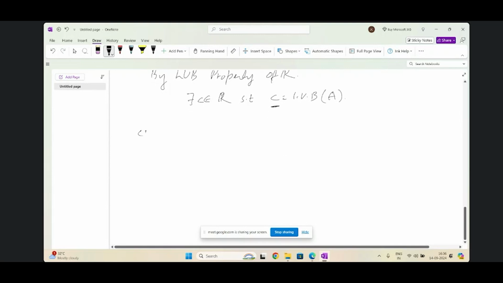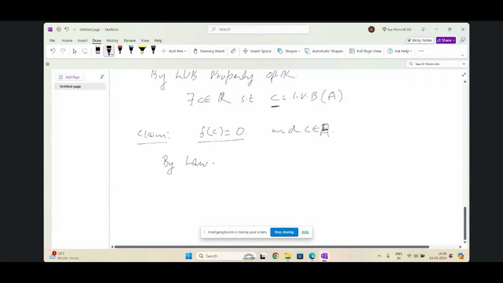Now I want to claim that f of C equal to 0 and C belongs to A. Since we want to prove that f of C equal to 0, we will use the law of trichotomy.